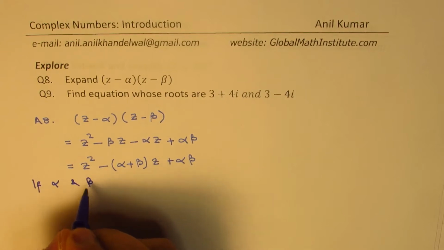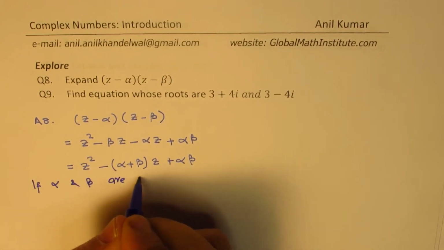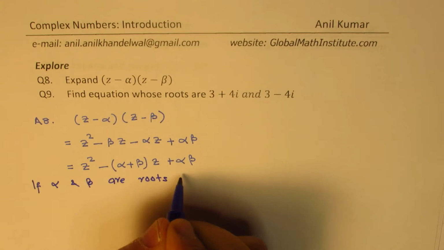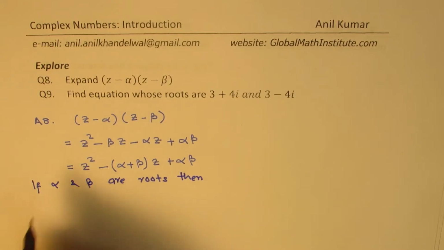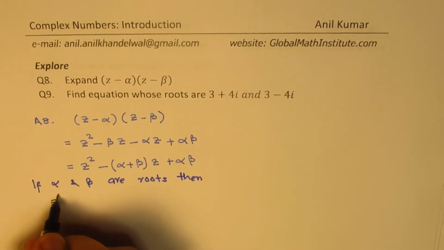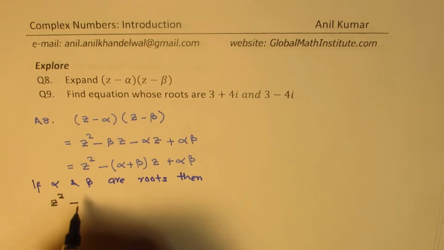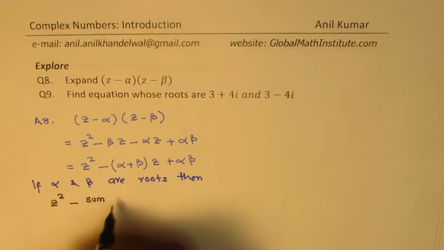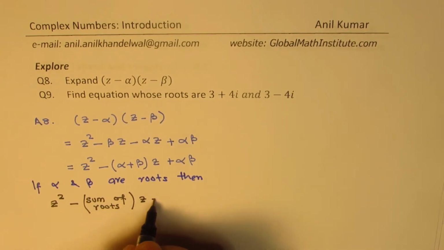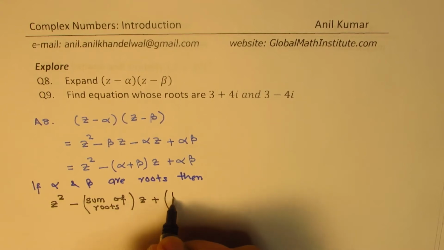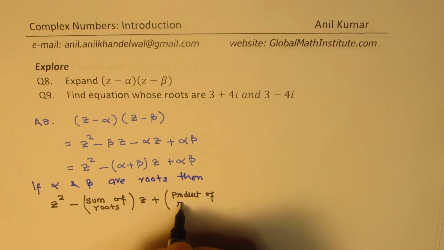So here, what you learn is that if alpha and beta are roots, then the equation could be written as z squared minus (sum of roots) times z plus product of roots.